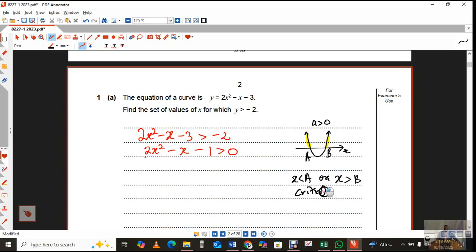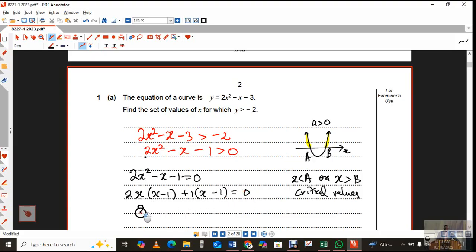In order to find the critical values of A and B, I'm going to let 2x squared minus x minus 1 be an equation that I should be able to solve. This is obviously going to factorize. So you have x, 2x, and then x minus 1 plus 1, and then also x minus 1.